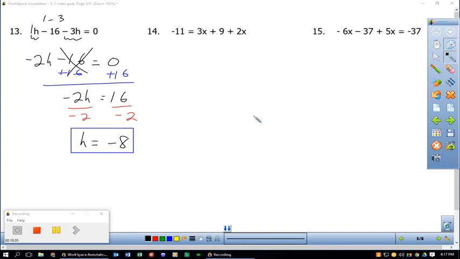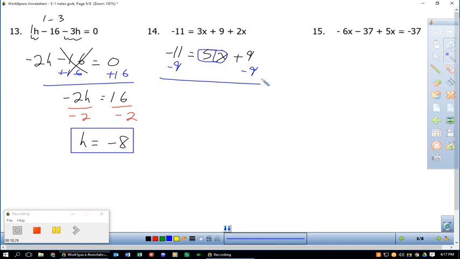Number 14, combining like terms, we get 5x there. 5x plus 9 equals -11. We want our x by itself. So in that case, it's attached to 5x, so we'll subtract 9. That would give us -20 equals 5x.